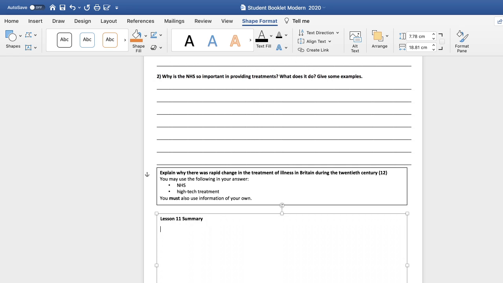So I might say, the most important reason there was a change in the treatment of illness in Britain was because of, and then I want you to pick out 2 factors of medicine as to why that might be. What has caused this change in treatments? And I have mentioned throughout the lesson what that could possibly be.